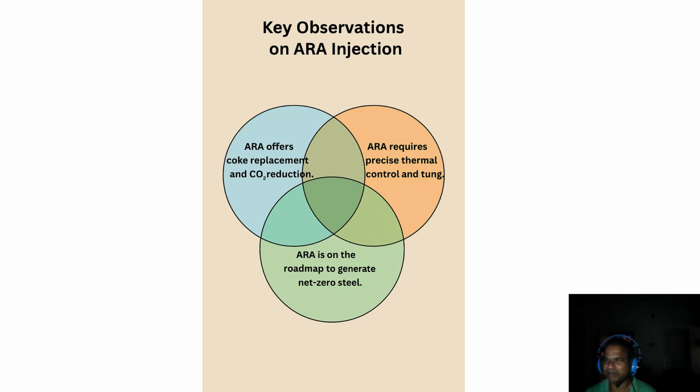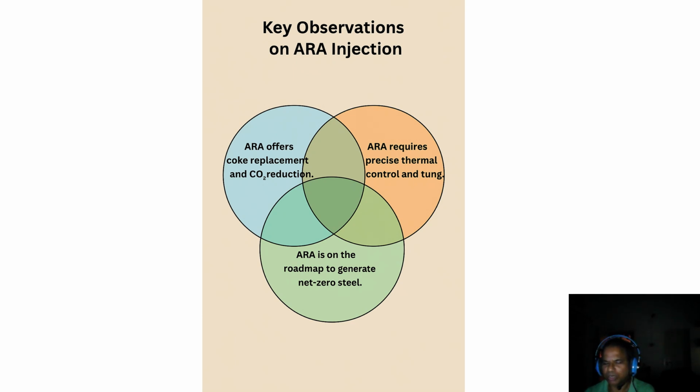Blue signifies that ARA reduces coke use and CO2. Orange signifies that it needs precise control of work, and green tells a whole story about our major step towards net zero steelmaking.